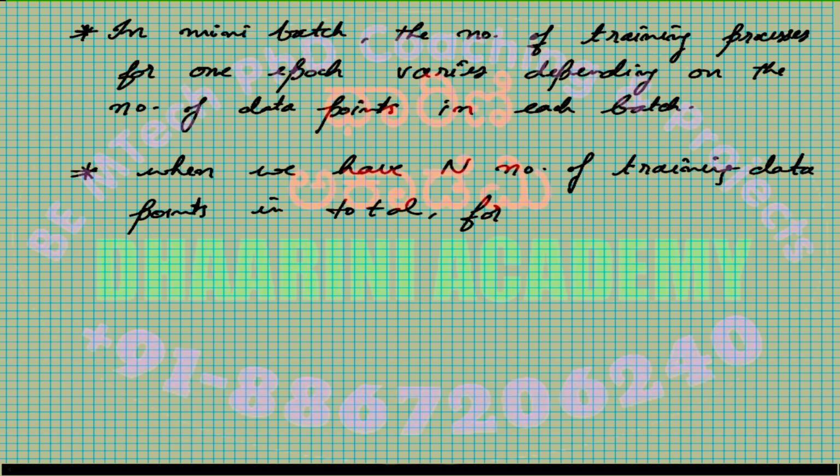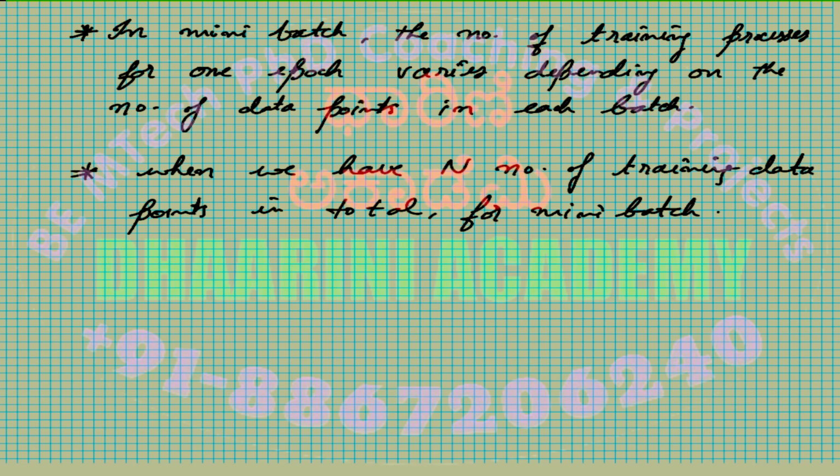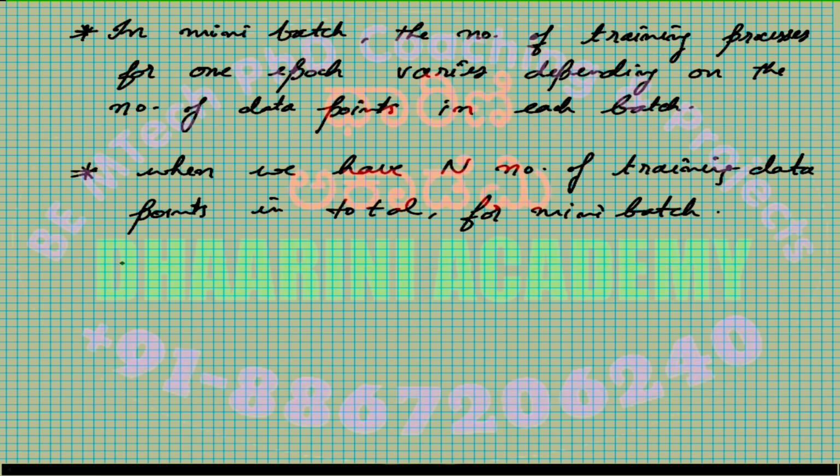for the mini batch we have two things to consider. The first one is that the number of training processes per epoch will be greater than 1, where 1 is the number of trainings that happen when you use a batch method.